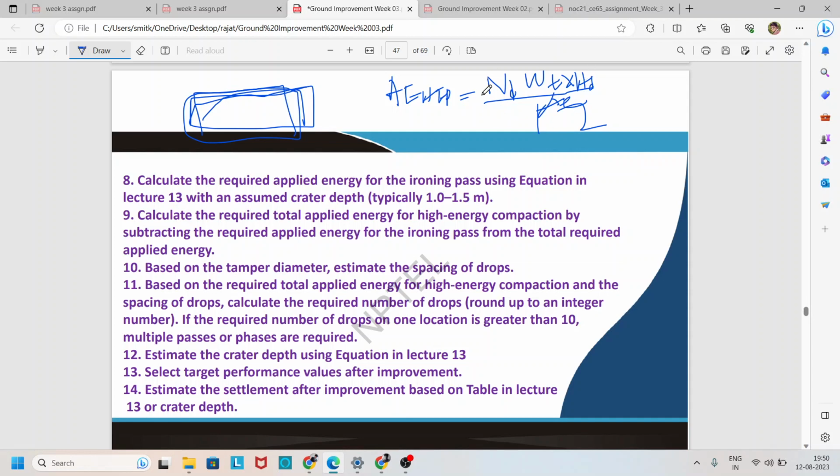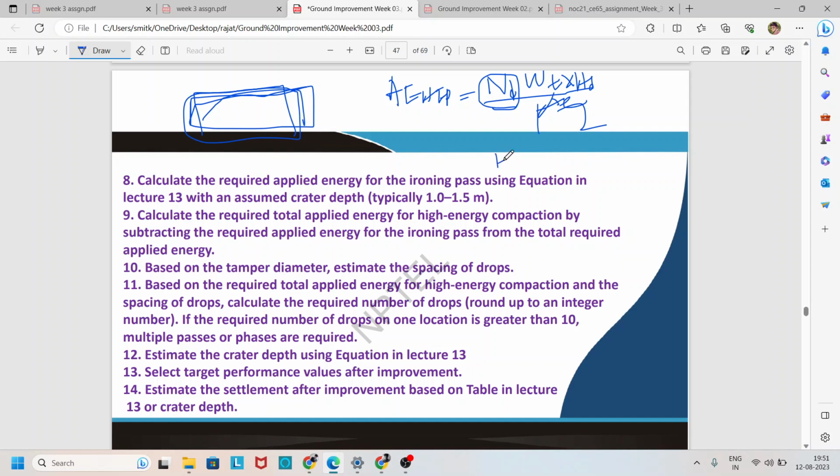By this formula, we can easily find out the number of drops for each point. So like that we design our deep dynamic compaction, or we apply the deep dynamic compaction in the field.